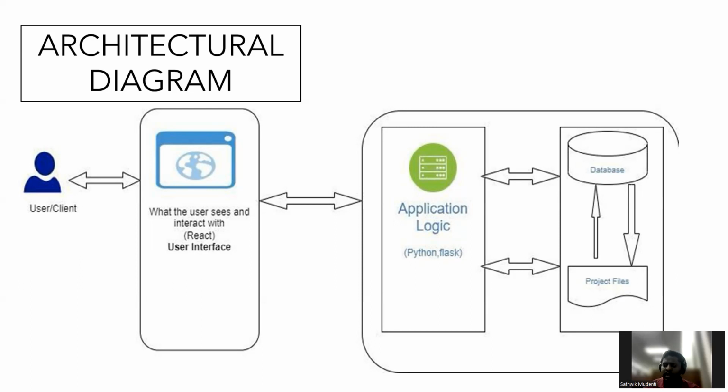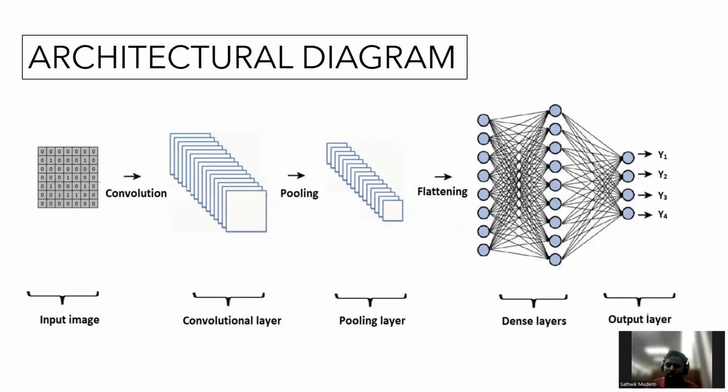Our application layer contains deep learning algorithms that are used in image processing. Our application layer interacts with a database layer, and the project files contain images. So the following is our architecture diagram for deep learning.